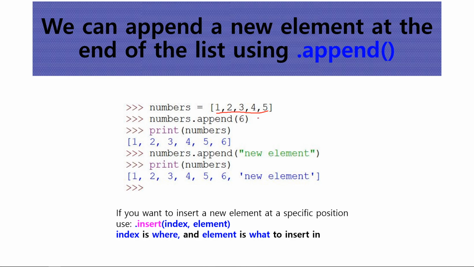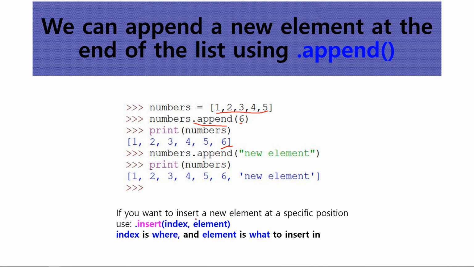I will call my variable numbers dot append. This is the method you want to be using. And inside here, I will place what I want to append. So next time I print numbers, you see 6 has been added to the end of the list. So always remember, you call append and you put whatever you want to append. I can append a string like this, I can append another list, I can append anything.